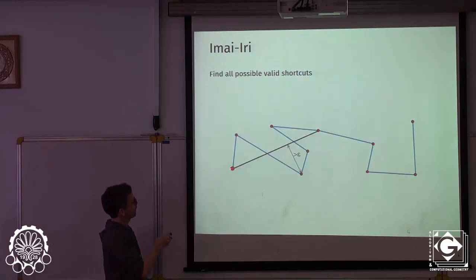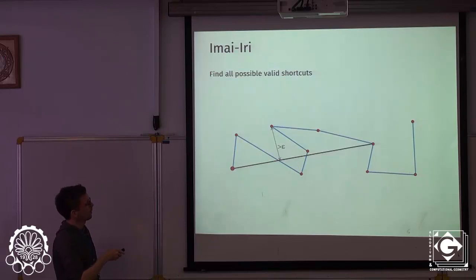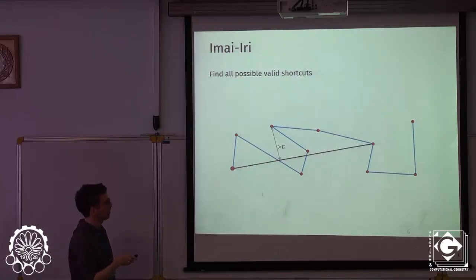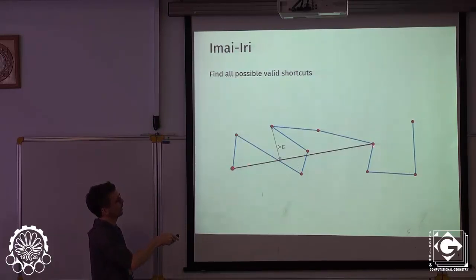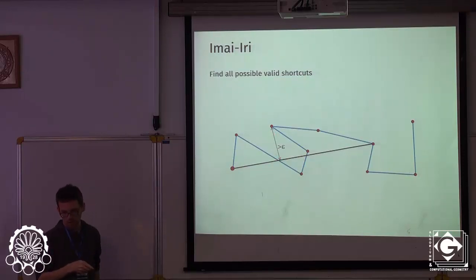And now if I already look at all shortcuts from the first to any other vertex, you see that in terms of number of tests, this gets more and more complex, because now for this edge, I will have to test all of these vertices in between and determine the largest distance, and see that in this case it is too far away to actually use that edge.